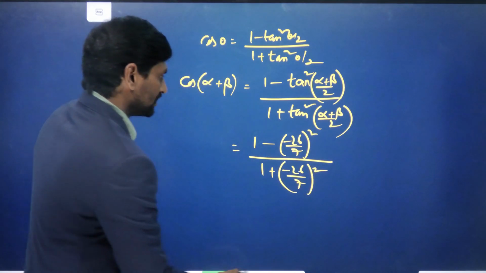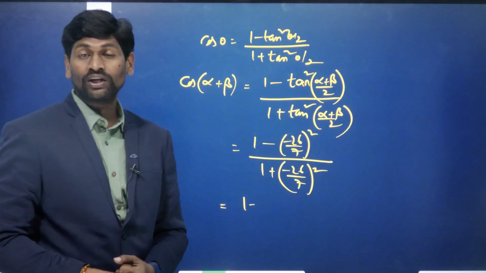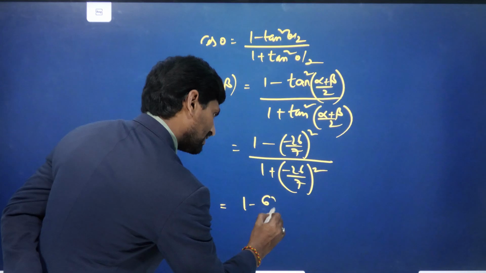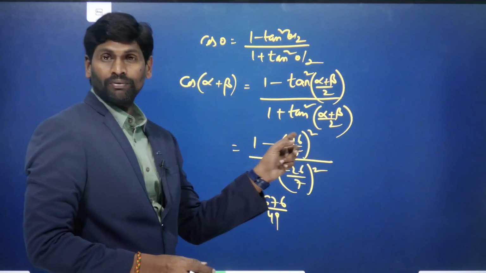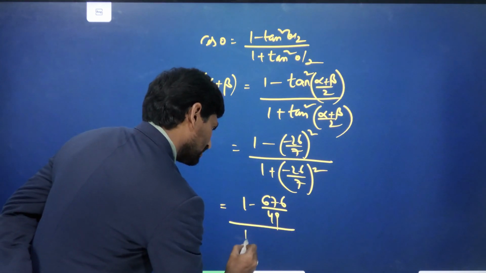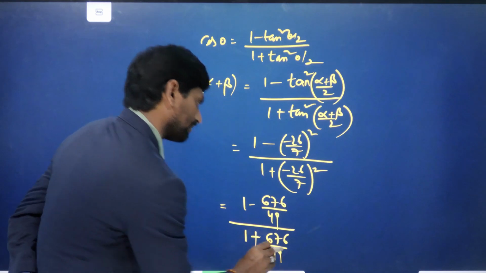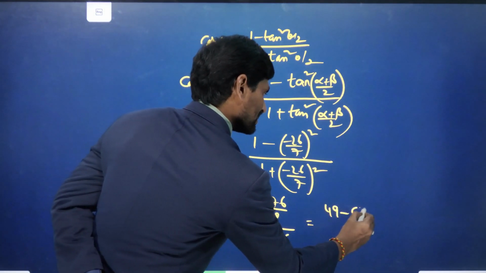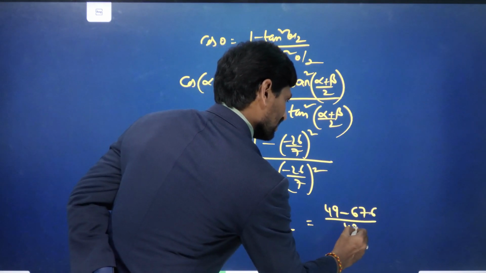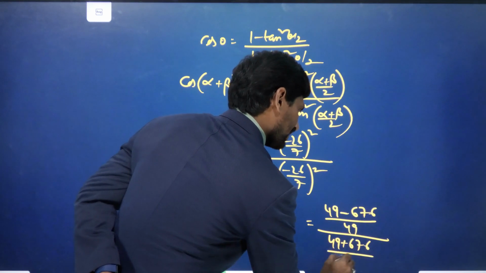Simplify this one, that is equal to 1 minus 26 square, 26 square is 676, by 49. Whenever you square a negative number it becomes a positive number. Same way, 1 plus 676 by 49. So when you simplify that, (49 minus 676) by 49 whole by (49 plus 676) by 49.